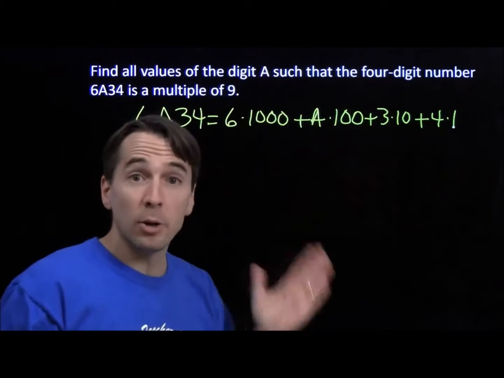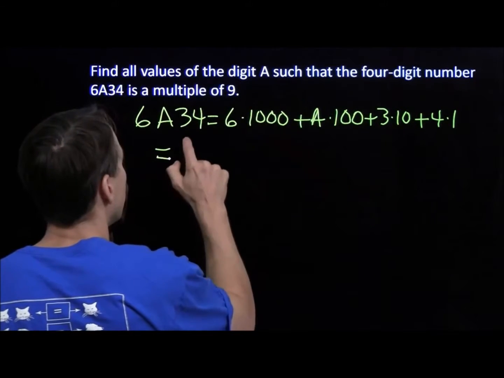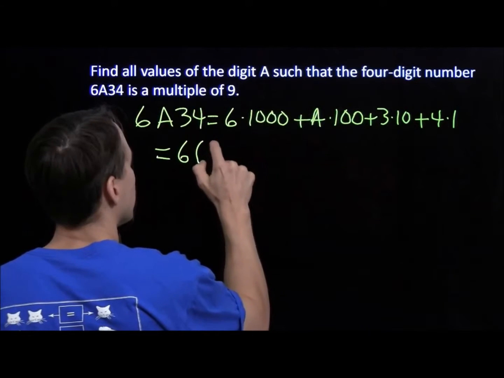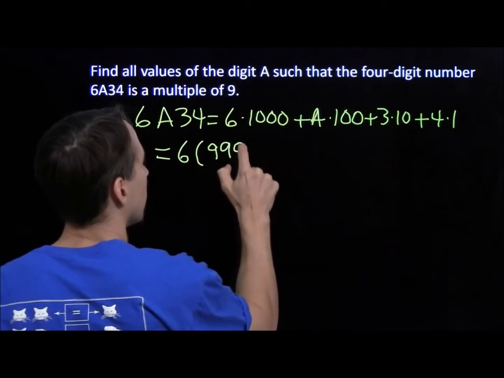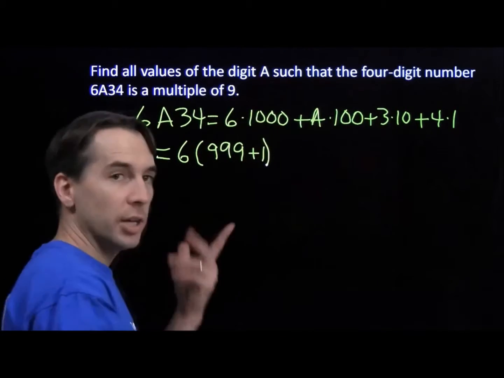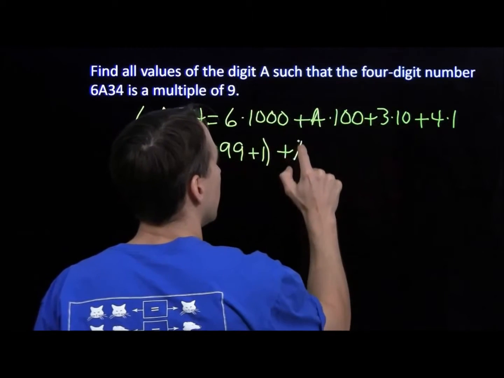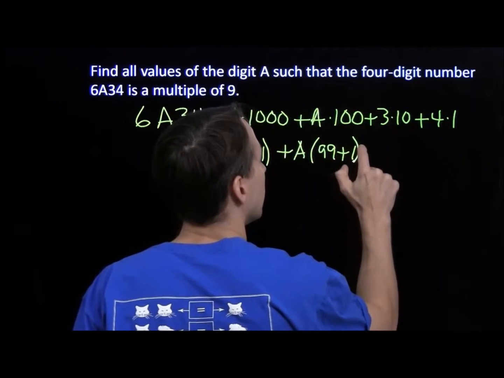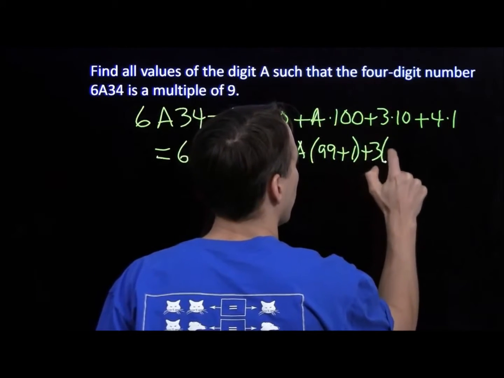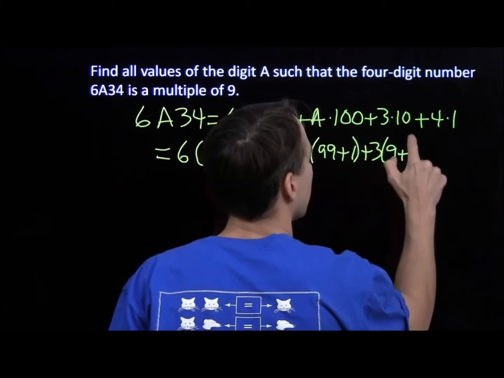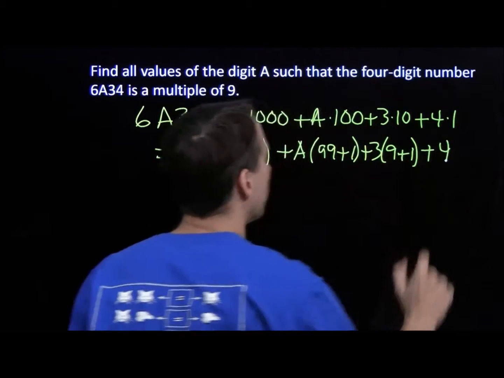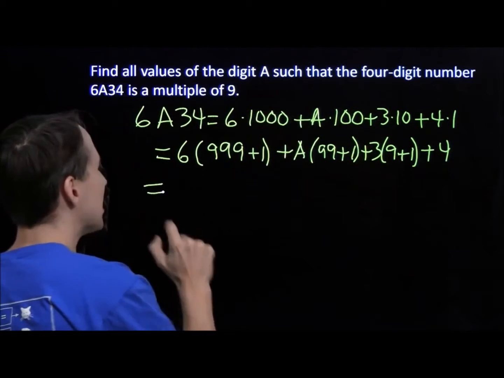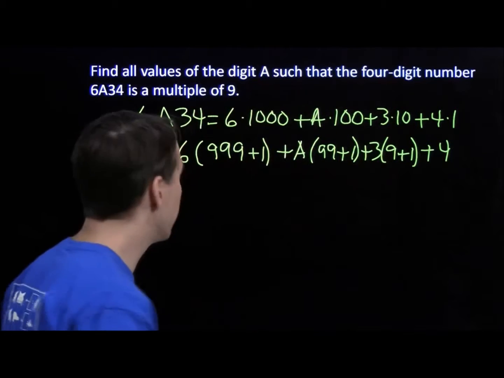And then we take each of these powers of 10 and we write them as some batch of 9s plus 1. So 1,000 is 999 plus 1. 100 is 99 plus 1. 10, of course, is just 9 plus 1. And 4 is 4. And now we can expand each of these products with the distributive property.